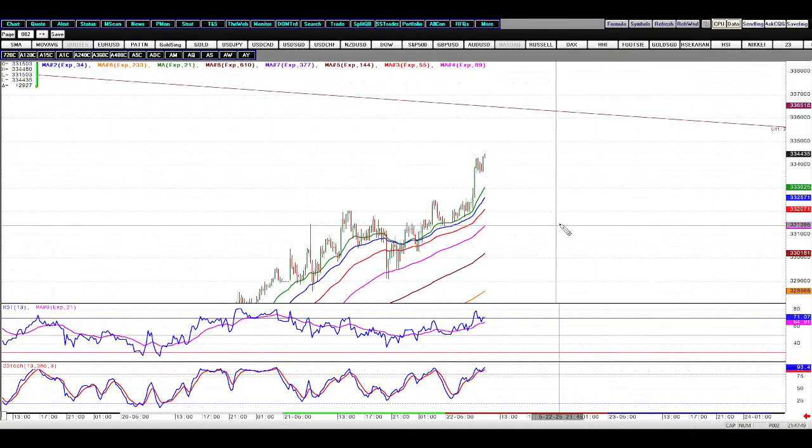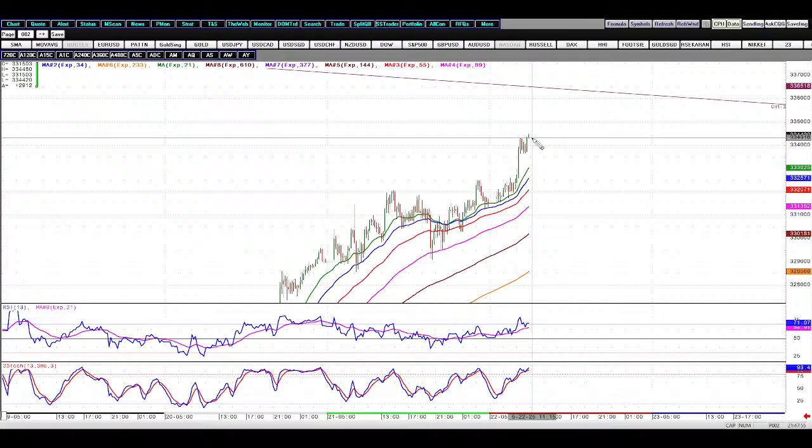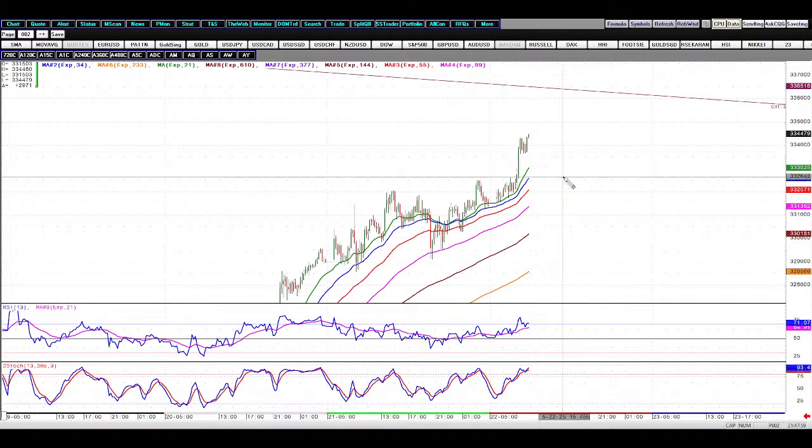Since price has now moved up, can anyone tell me our buying orders, what should we do? Should we leave it and forget about it, or should we cancel it?